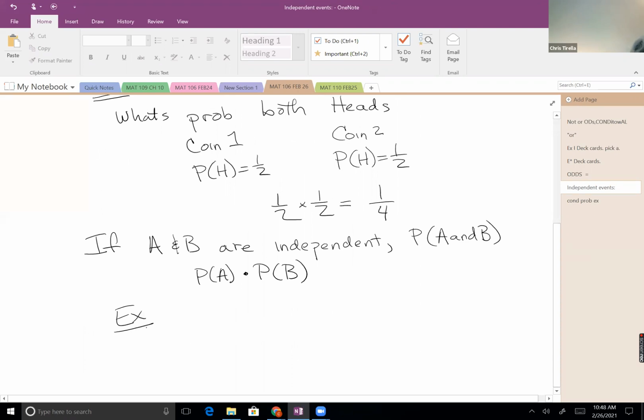So another example. Let's say I roll 2 dice. What's the probability they're both 1?